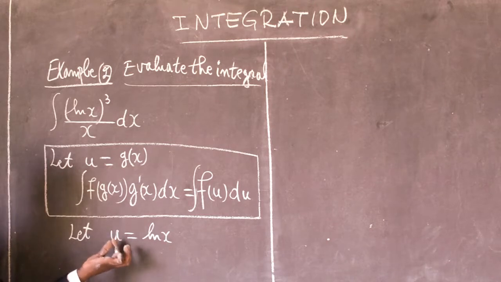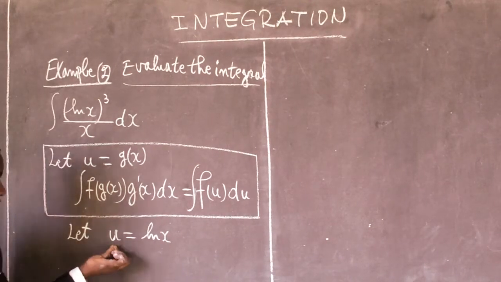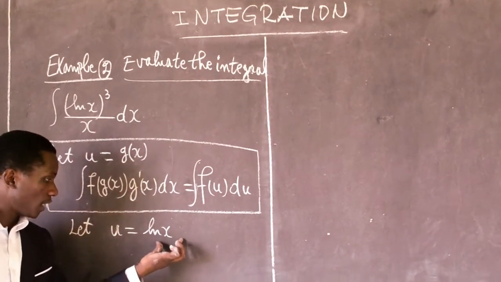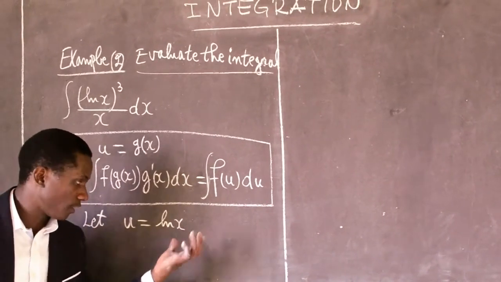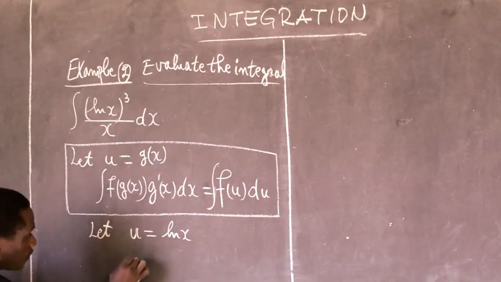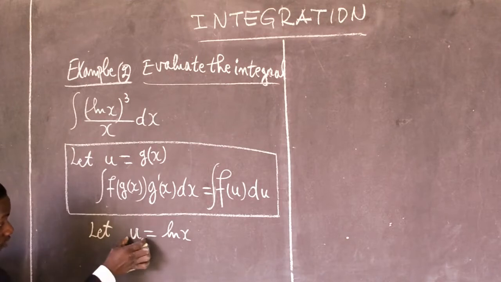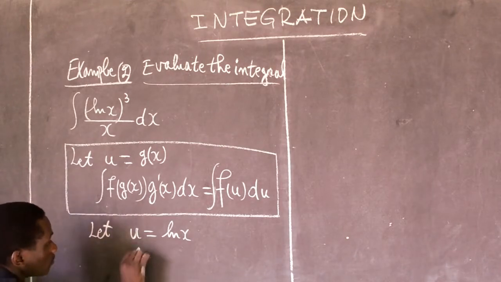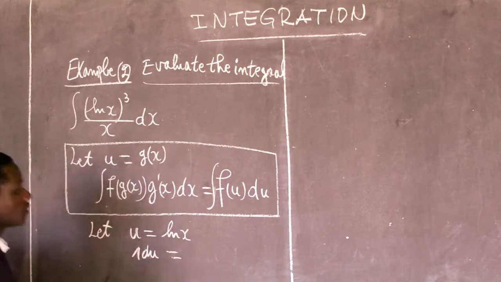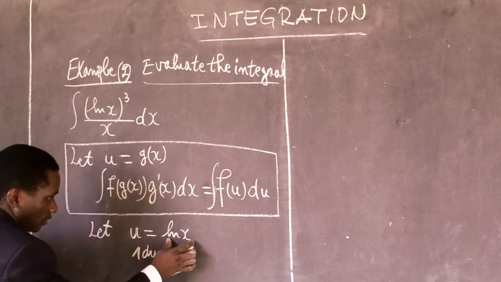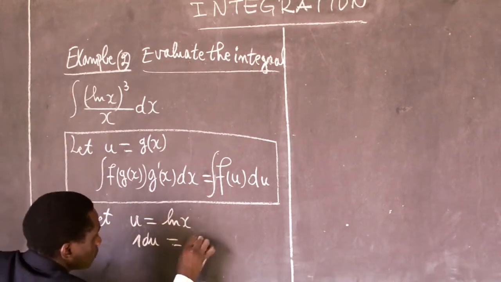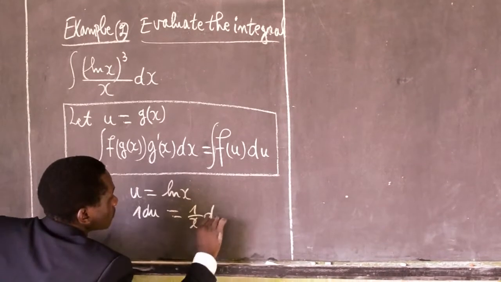We differentiate u with respect to u, then we differentiate ln x with respect to x. Then we get the following. Differentiation of u, we get 1, that is 1 du. This is equal to differentiation of ln x, that is 1 over x dx.